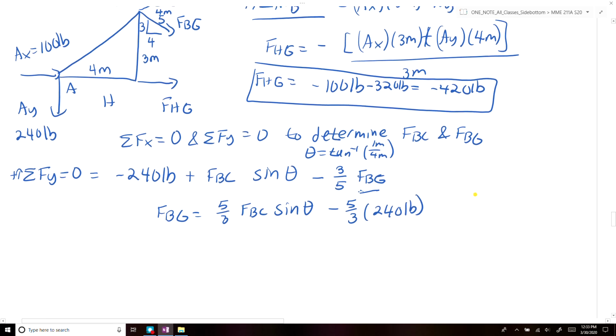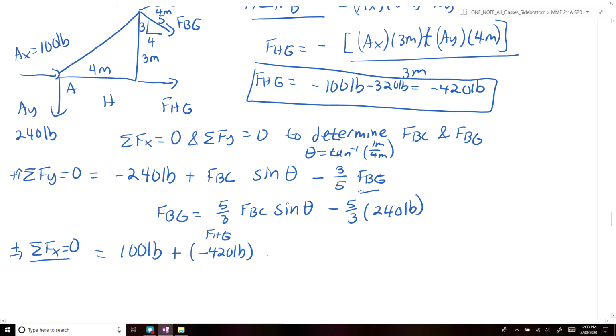Right? Then we can sum our forces in the x direction. In that case, we would get 100 pounds plus minus 420 pounds, which is due to F_HG.